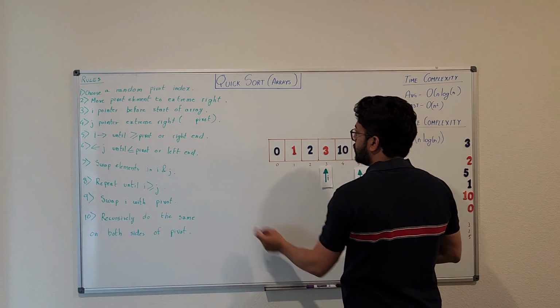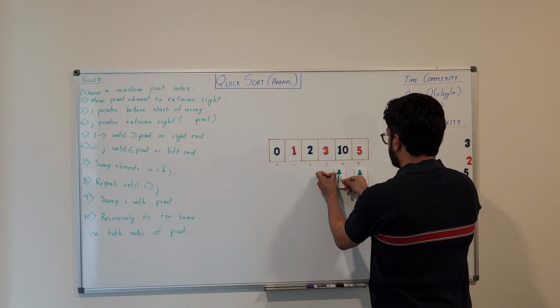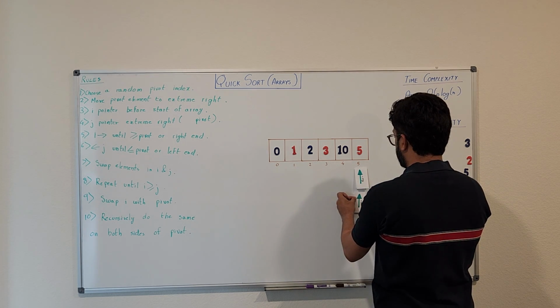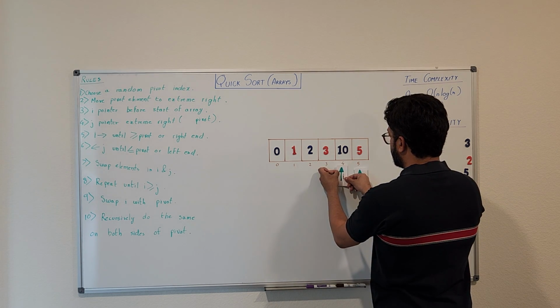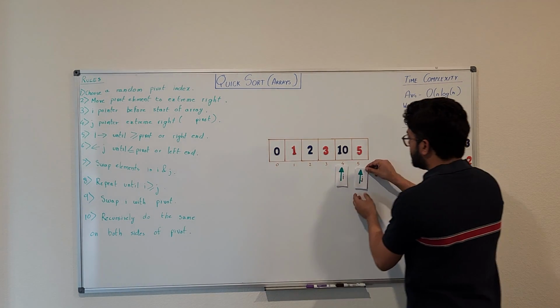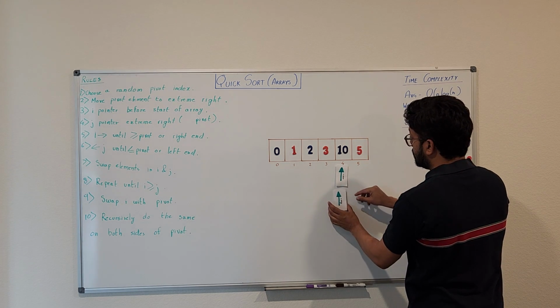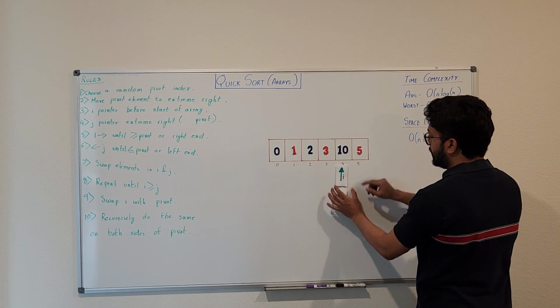Move i until you are greater than or equal to pivot or right end. So we move i here, greater than or equal to pivot at 10. And now move j until less than or equal to pivot or left end. So j has already reached the left end.